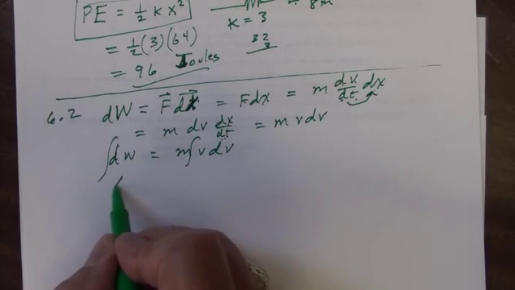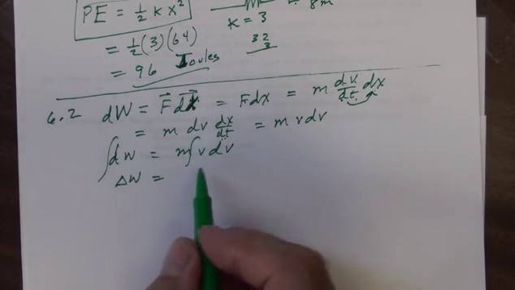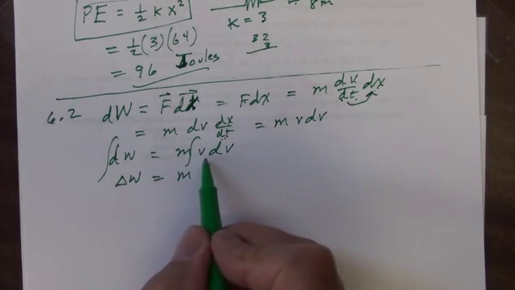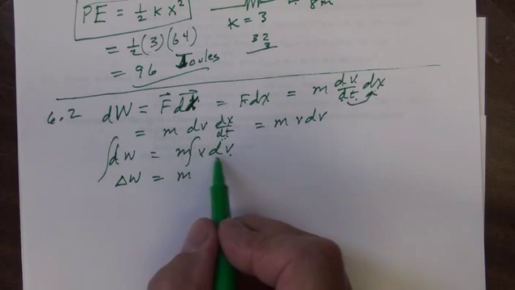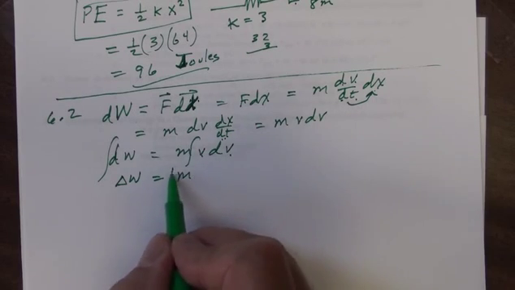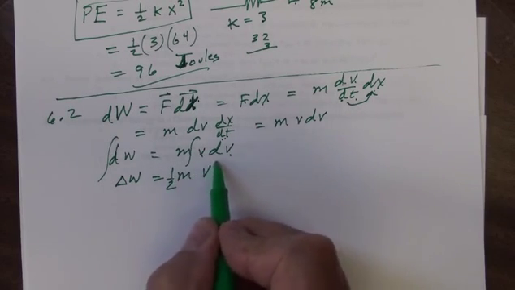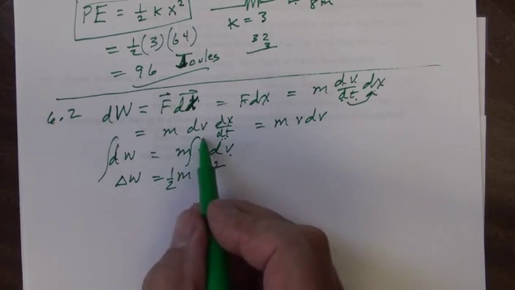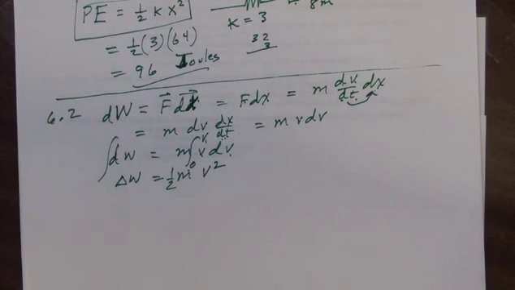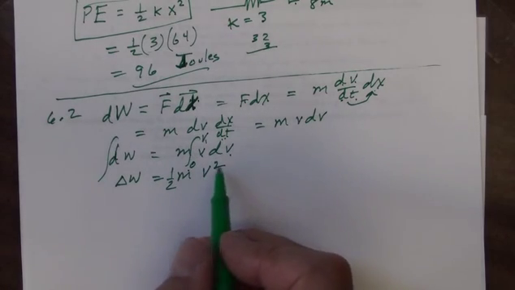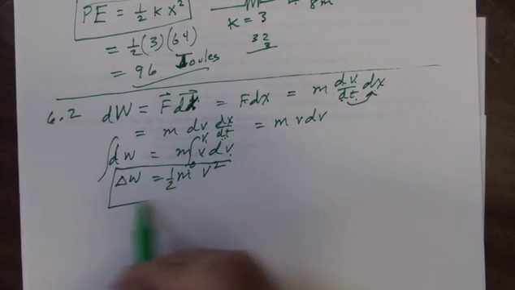The work, or the change in work, is going to be equal to m times the integral of v dv, and as you know, that integral is 1/2 the velocity squared, evaluated between the upper and lower limit. We're going to evaluate it between 0 and v. We want to be able to compare it to no motion at all. And so that would give us 1/2 m v squared, and there's our kinetic energy.